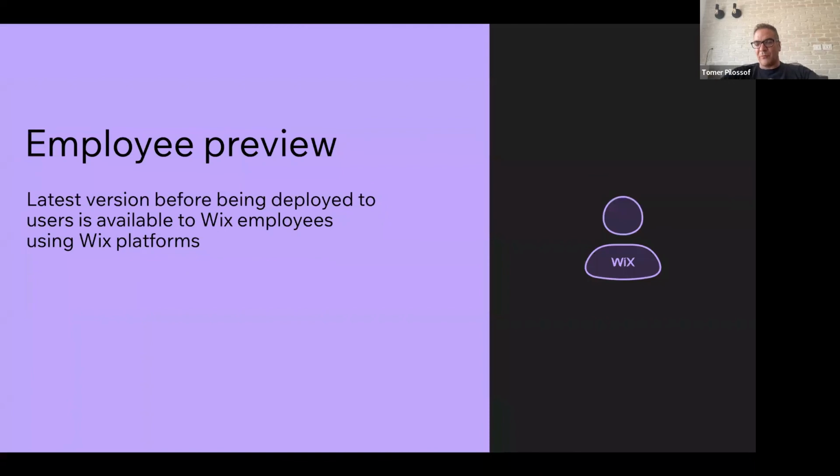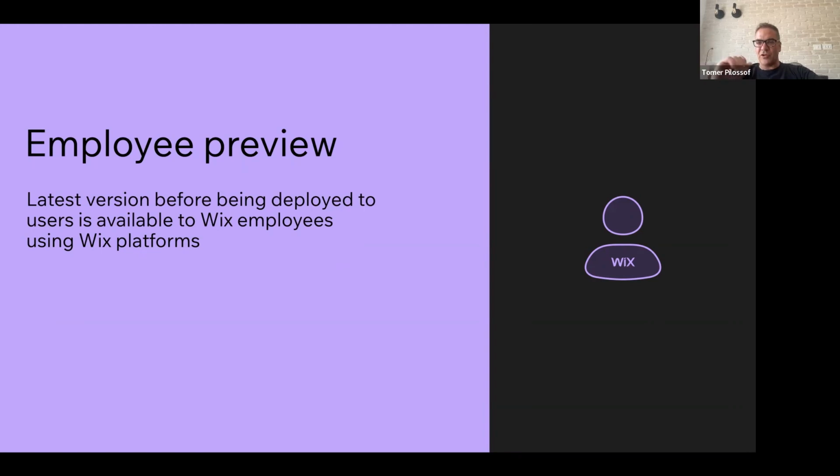Employee preview is part of this process, because what we described is only relevant for Wix customers. But in order for us to get fast feedback, we take any change that is pushed by the developer and put it as the version that the employees are getting.